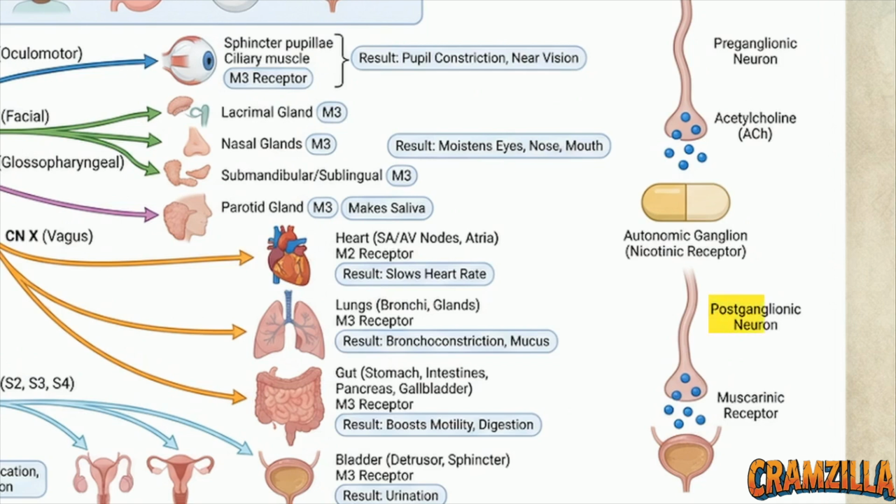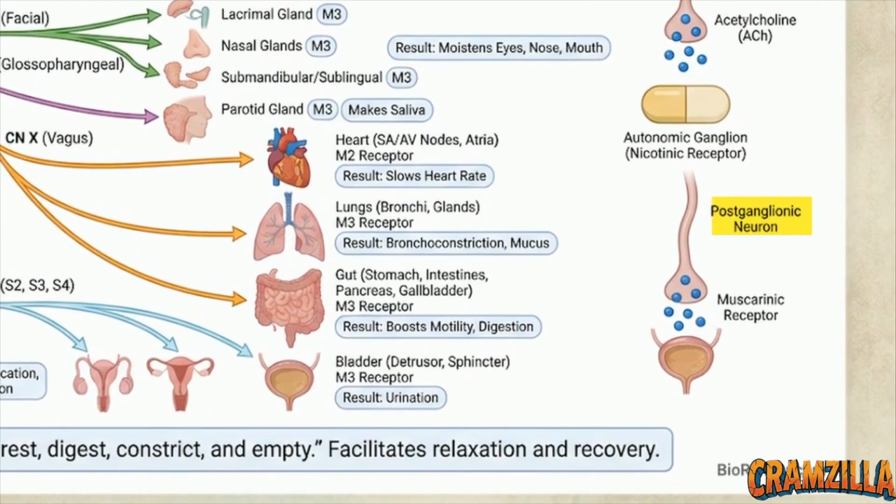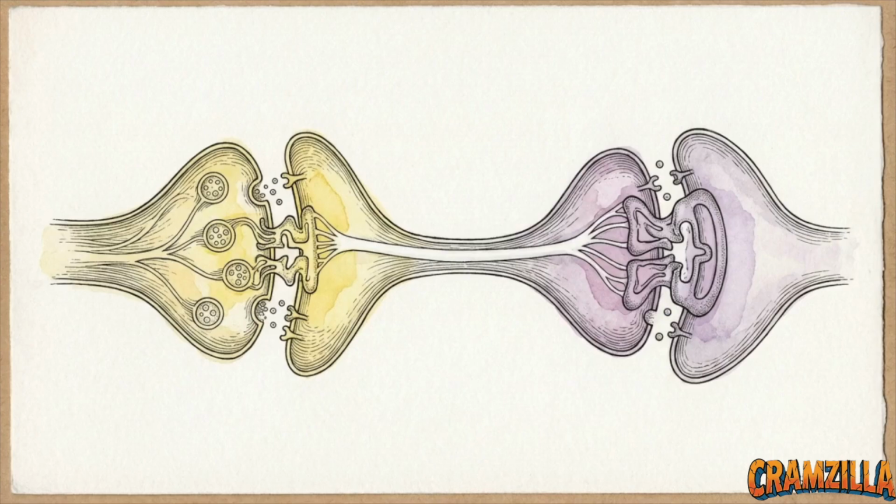The signal travels down the short postganglionic neuron, which reaches the actual target organ. Here, it releases acetylcholine a second time, but the terminal organ relies on a different piece of hardware, a muscarinic receptor. This repeating chemical relay, preganglionic nicotinic to postganglionic muscarinic, forms the foundation for every parasympathetic action in the body.